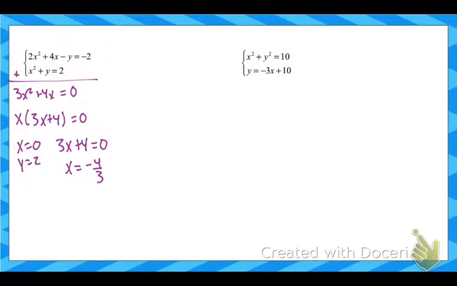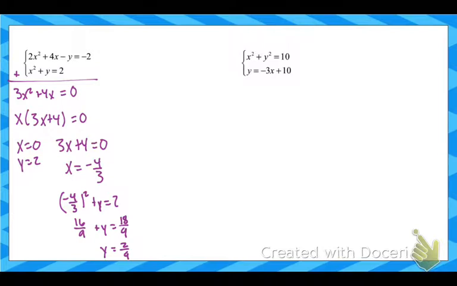If I take negative 4/3 and plug it in, negative 4/3 squared plus y equals 2. I need to get a common denominator, so I'll rewrite that as 18 over 9. And I get the y coordinate. Now, I can write that as an ordered pair, or I can combine them together.